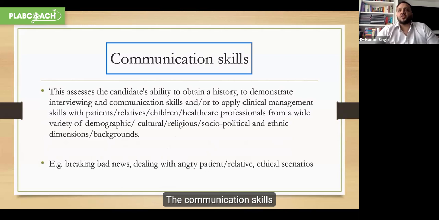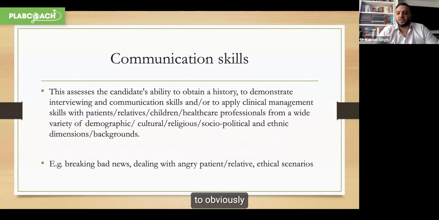The communication skills is going to assess your ability to obviously take a history. So this will come under the communication skills aspect of the exam. To talk about investigations, to talk about surgical procedures, to break bad news, ethical dilemmas, for example, contraception in children, discussion about DNAR, capacity assessment.